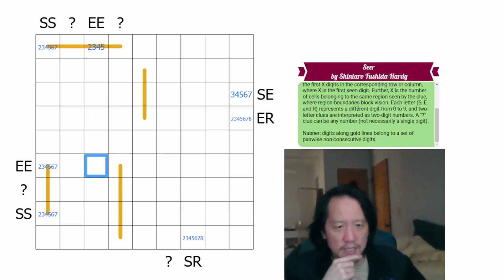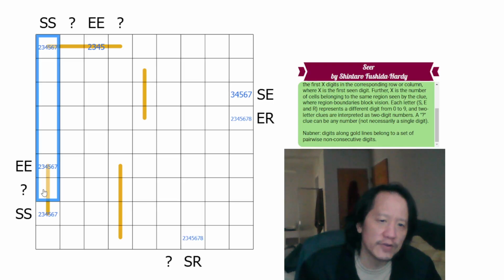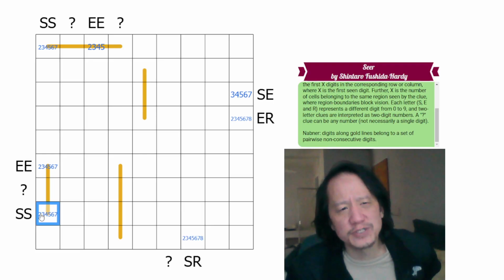So that's just EE. This could be 7. And then this would have to be 2 or 3. If this is 7, it adds up to 33. So this would have to be 5, 6, or 7. Obviously, it couldn't be 7, but it could be 5 or... It would have to specifically be 5 then.